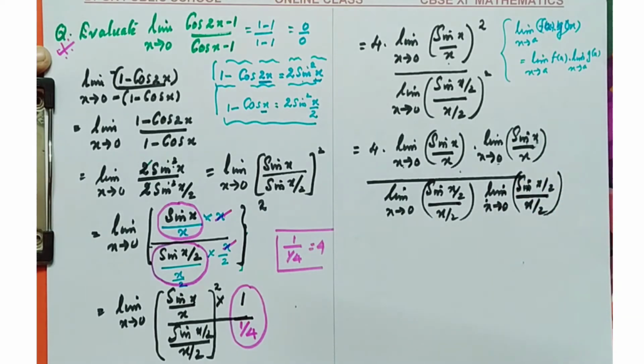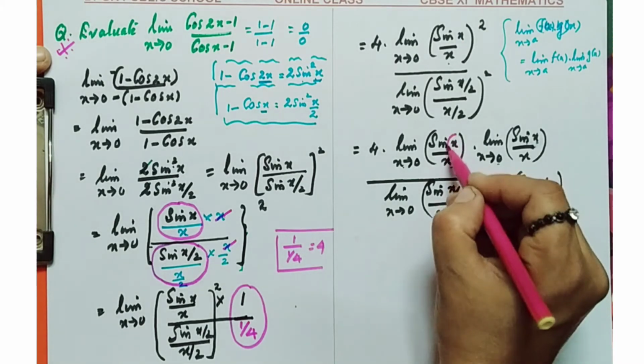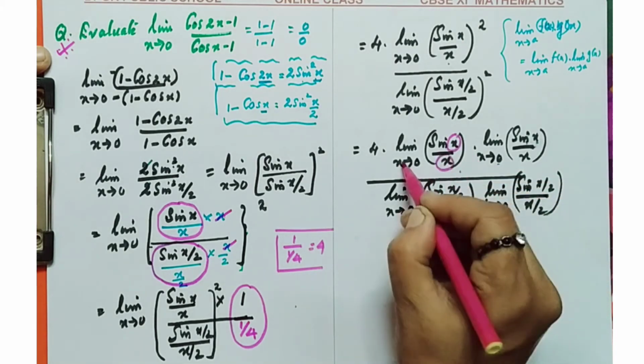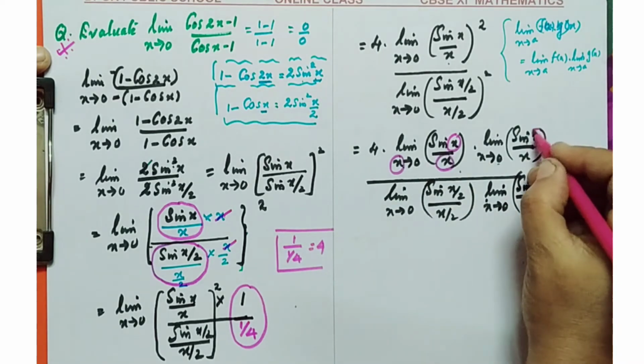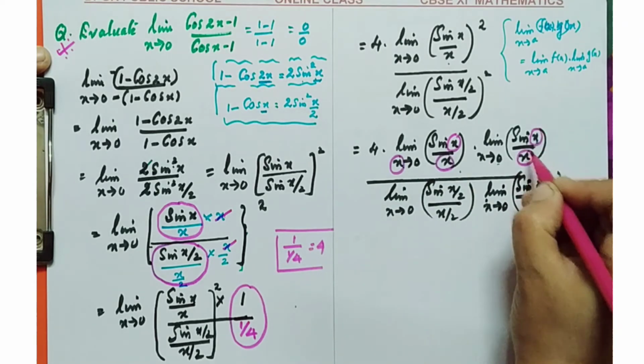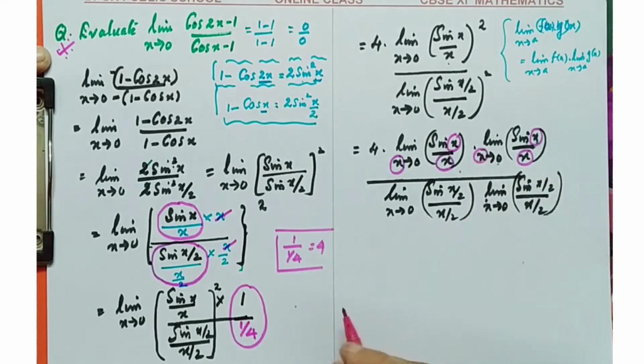Now before applying the standard limit, here the same x, that x tends to 0, so the value is 1. Here x, the same x comes in the denominator, x tends to 0, the value is 1.